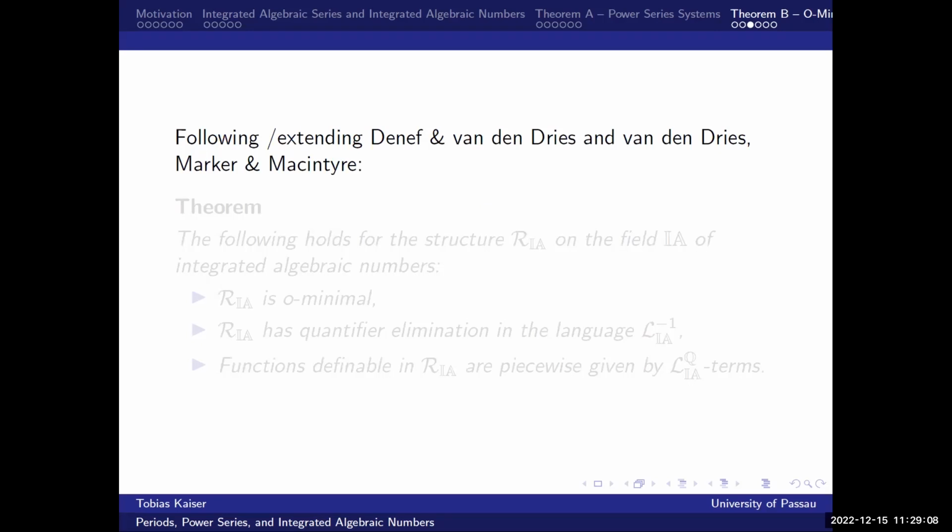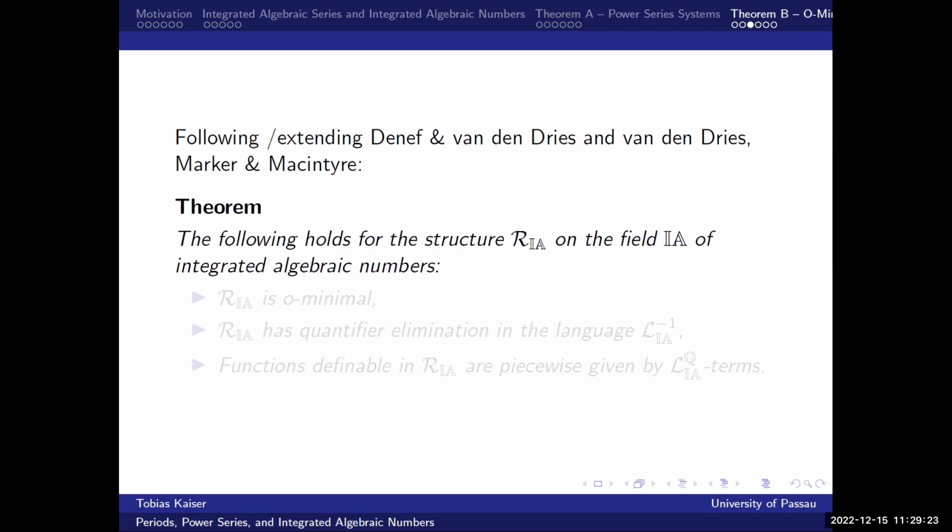Then, extending the work of Denef and van den Dries, Macintyre and Marker, the papers which were mentioned by Tom, we get that the following holds for this structure on the countable field of integrated algebraic numbers. First, the structure is o-minimal. It has quantifier elimination in this language when I add the reciprocal.